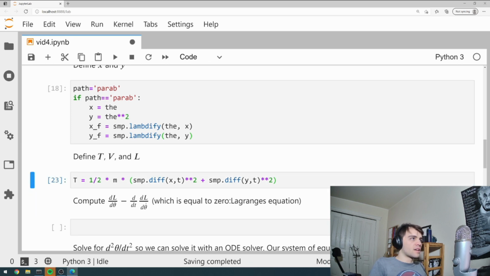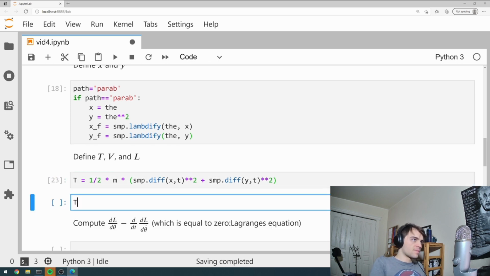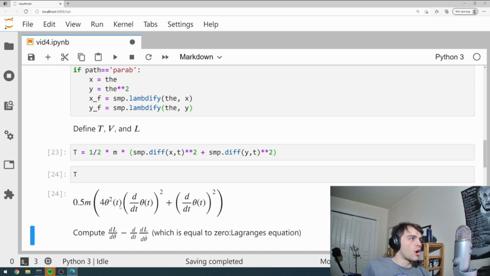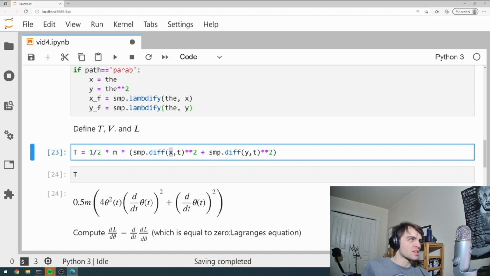So that's our kinetic energy, and I can print this, and you'll see that it automatically applies the chain rule. Because x is a function of theta and theta is a function of t, it'll return the chain rule version of this. Very, very useful with sympy.